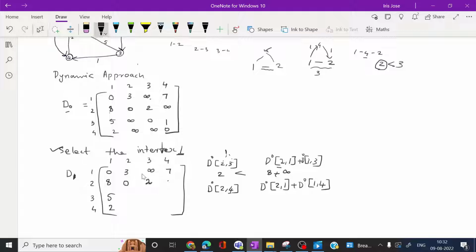D0 2 to 4 is infinity. D0 2 to 1, second row first one, the value is 8, plus D0 1 to 4, the value is 7. So this is 8 plus 7, which is 15. 15 is lesser than the infinity value, so we will replace this infinity value here with 15.